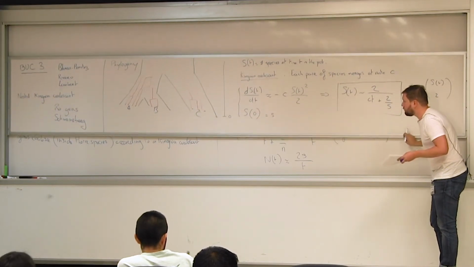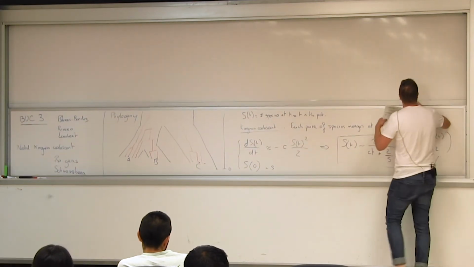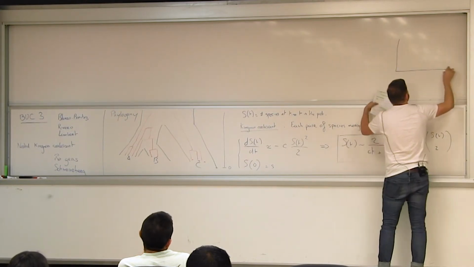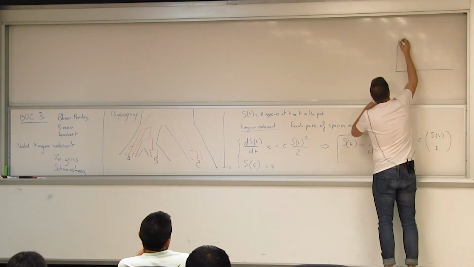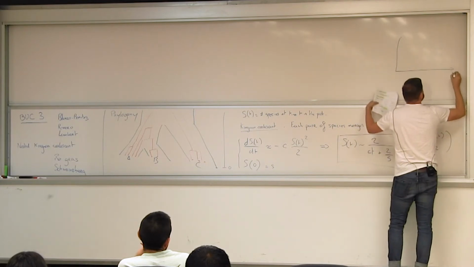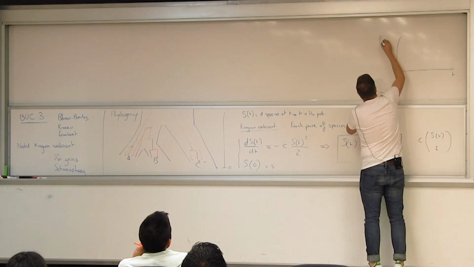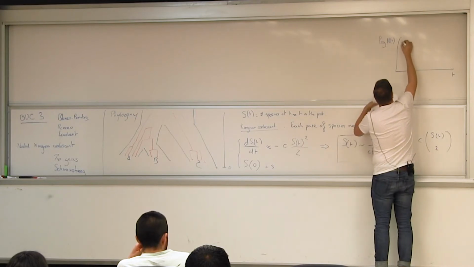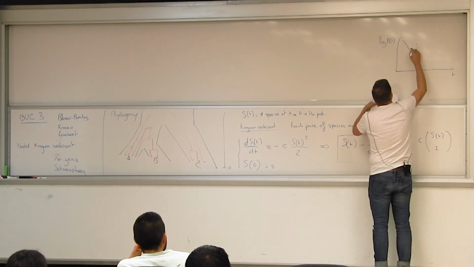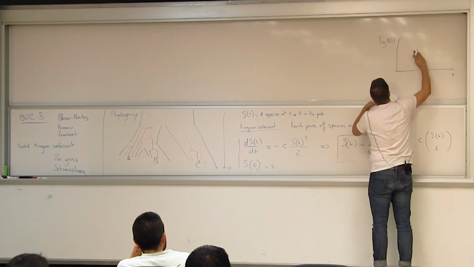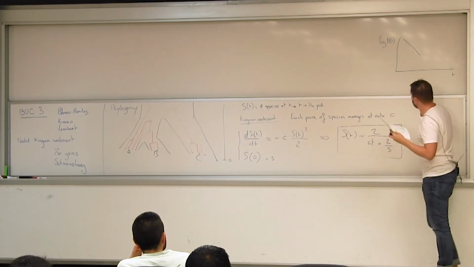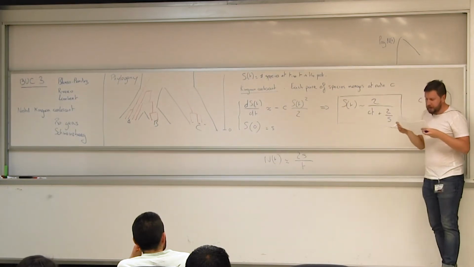Actually, if you make some simulations, so I will do a live simulation. If you represent t against log of N of t, in small times you have something going like minus log t.